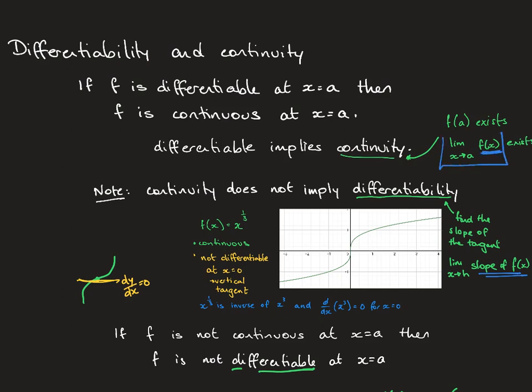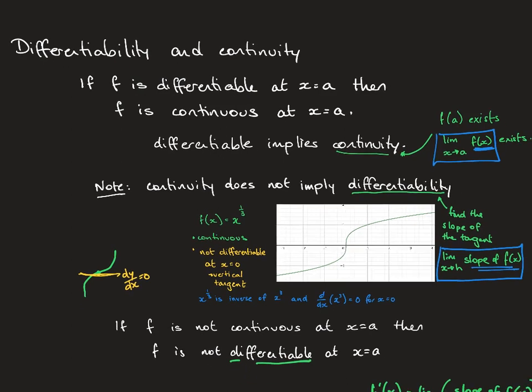One is the limit of the function, and the other one is the limit of the slope of the function. So if we have a function that is not continuous at x equals a, so there's some kind of discontinuity there, a jump, a gap, a hole, then the function won't be differentiable because the slope of the line won't be smooth.